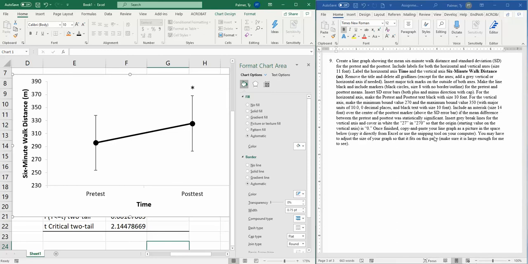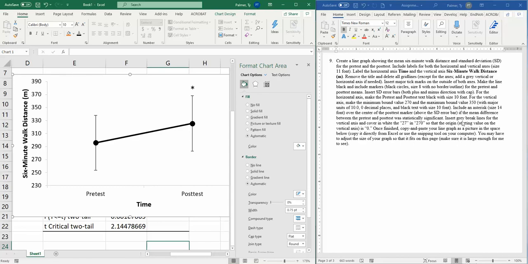But if your mean difference is not statistically significant, you're not going to put an asterisk here in your graph. So be careful, and make sure to include an asterisk only if the mean difference is statistically significant between the pretest and the post-test.